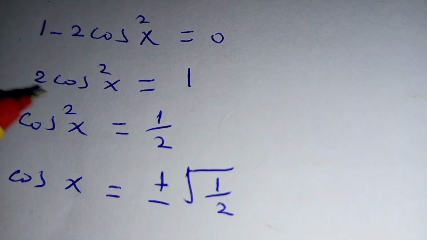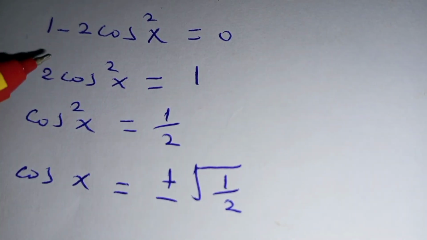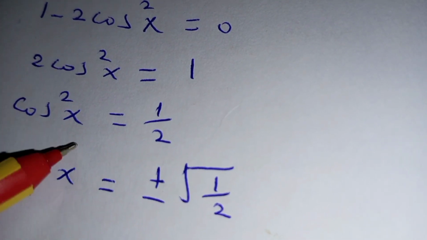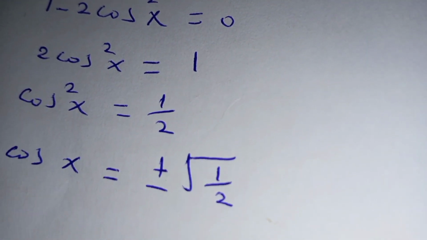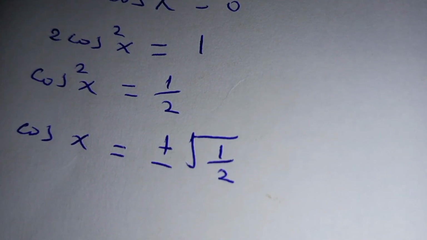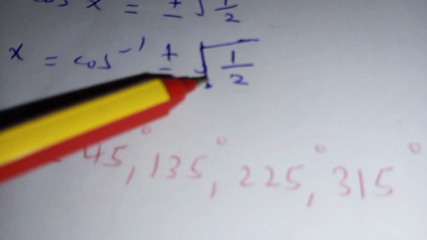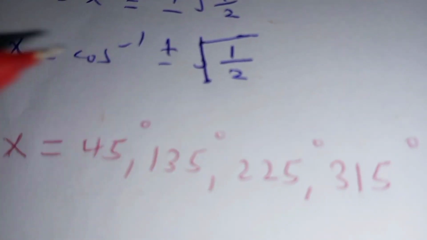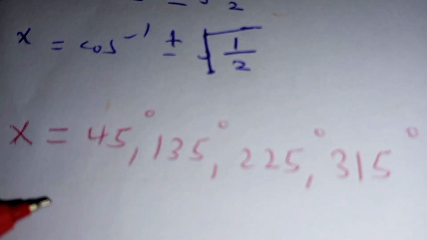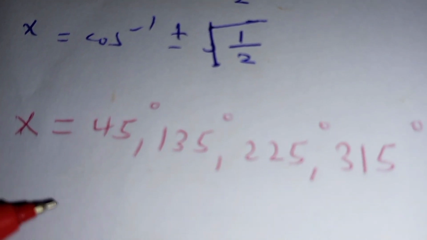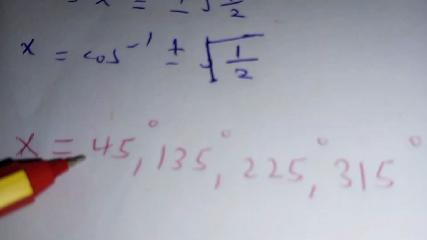So from here we take the negative to the other side, so that we have 2 cos squared x. We divide by 2, then we take the square root. Then from there we obtain the cos inverse of both sides. So the cos inverse of root 1 over 2 is given by 45.